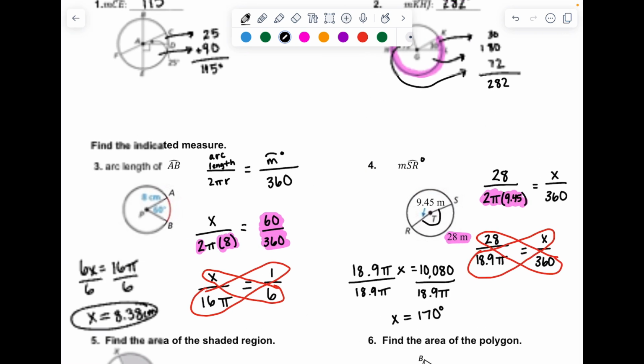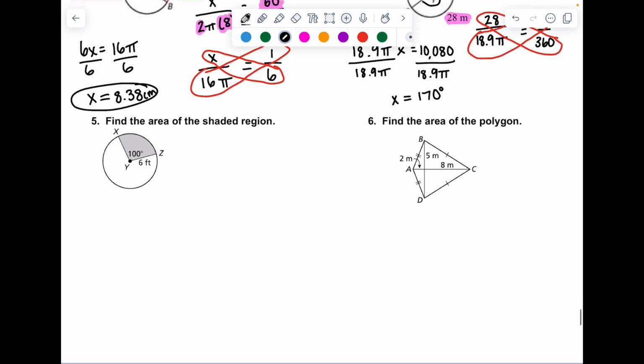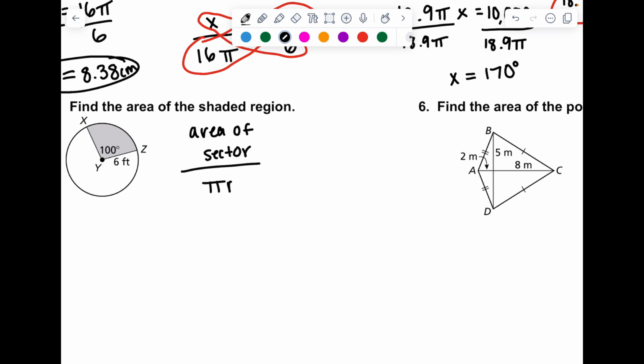Okay, let's jump down to number 5. Now we're finding the area of a shaded region, or an area of a sector. And that formula looks like this. You have area of the sector over the area of the circle, which is pi r squared, equals the measure over 360.